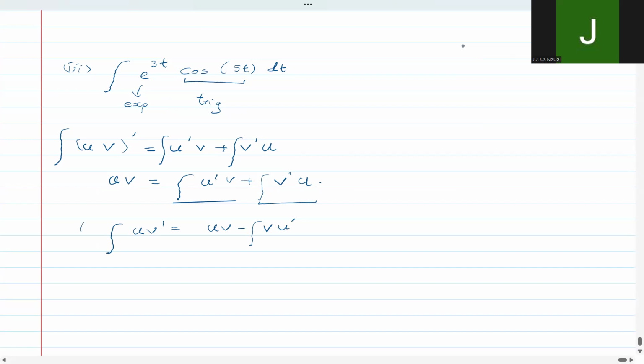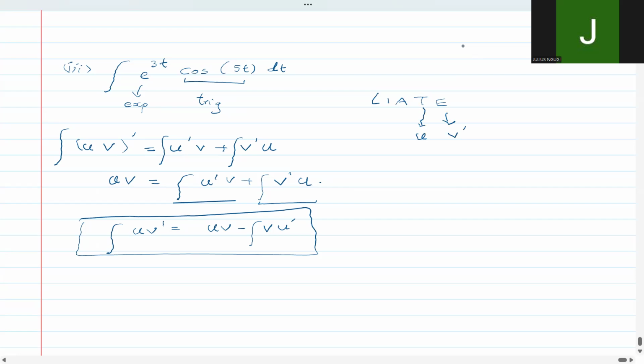So this is the formula that we will use for this question. And we will recall the acronym LIATE, meaning that the trig function will come first. So this will be my u, and the exponential will now be my v prime.